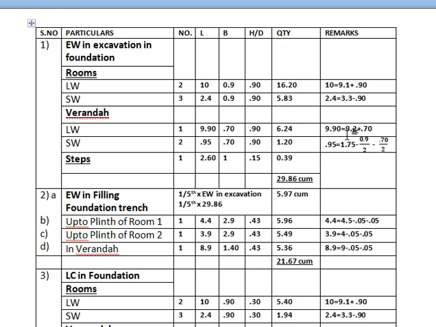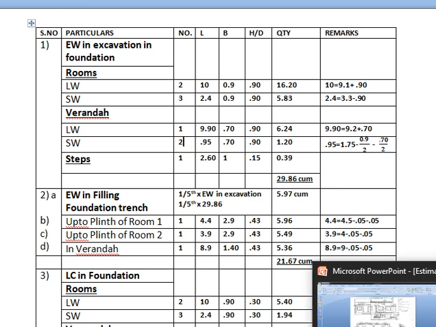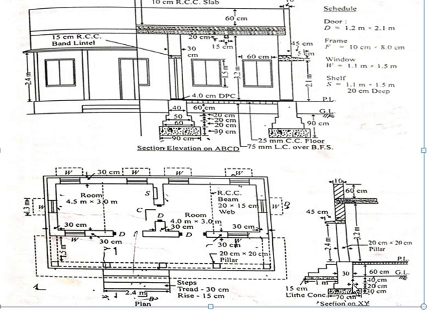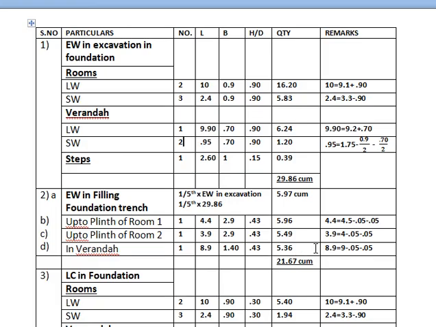The length will be calculated as 9.2, the original center to center length, plus, if you see the section for the veranda, the width is only 0.7 meter, so we have to add this 0.7 meter for the long wall here. So that is why I have written 9.2 plus 0.7.